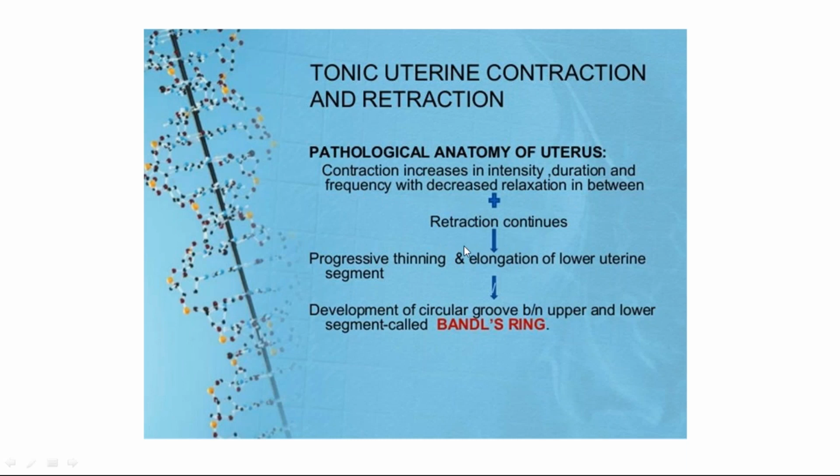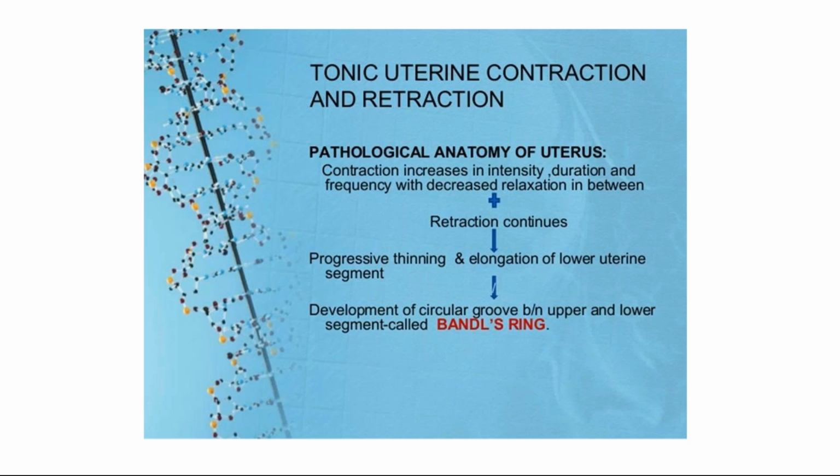So contraction and retraction continue, whereas the lower segment also progressively dilates and thins out, and then it develops a demarcation between the upper uterine and the lower uterine segment, which is referred to as Bandl's ring, a pathological retraction ring. Right? This is seen in obstructed labor, pathognomonic of obstructed labor.